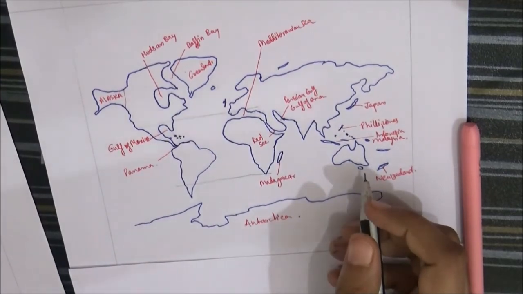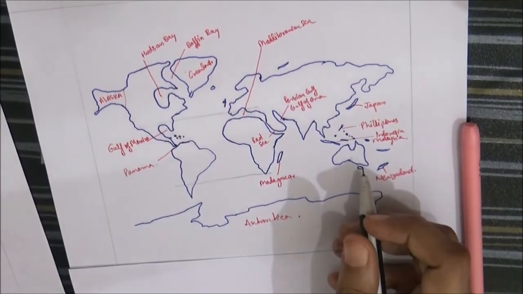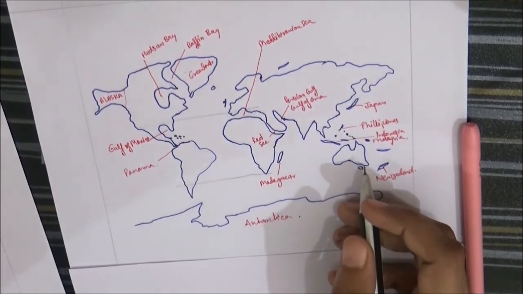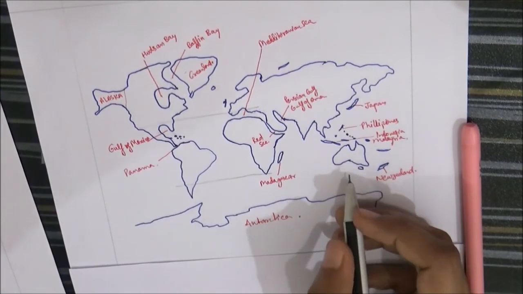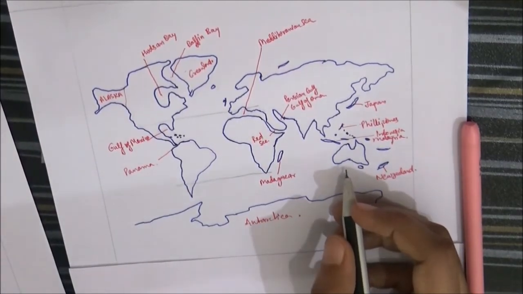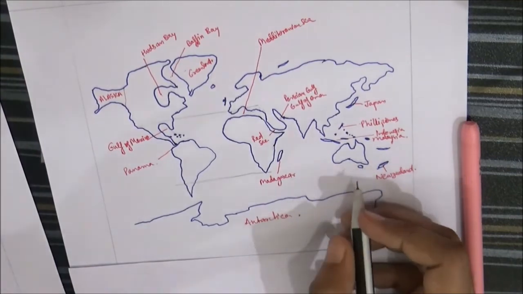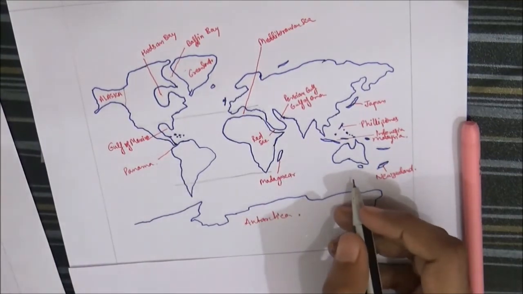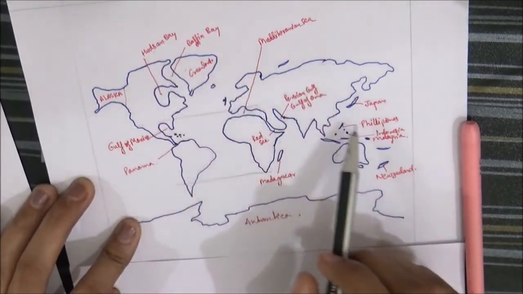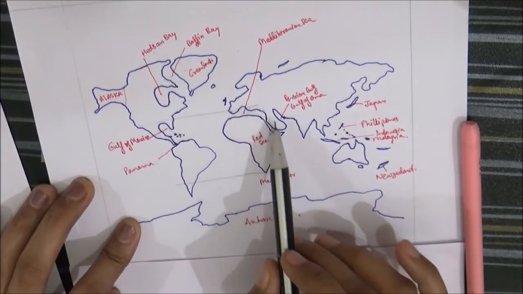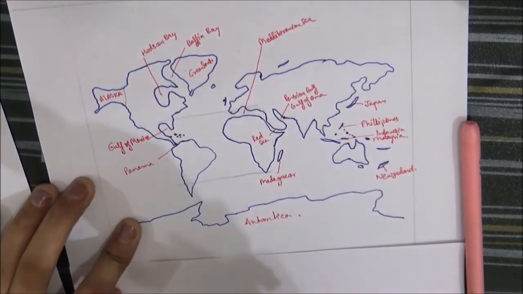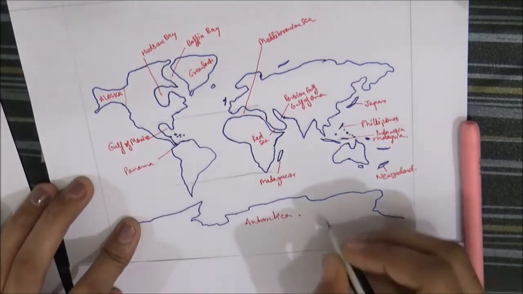But the thing is, we will be able to draw this particular map. For it, you obviously have to remember the things, and the second most important thing is to repeatedly keep on practicing this map, so it will reduce the time in which you are able to draw. This strategy of remembering the world map through important locations works for me. If it works for you, you can also follow it.